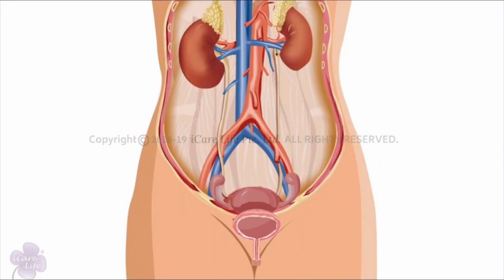The urine then flows through the ureters and collects in the urinary bladder. As the urine collects, the bladder expands. However, the sphincter muscles tighten at the outlet of the bladder and prevent the urine from being expelled.